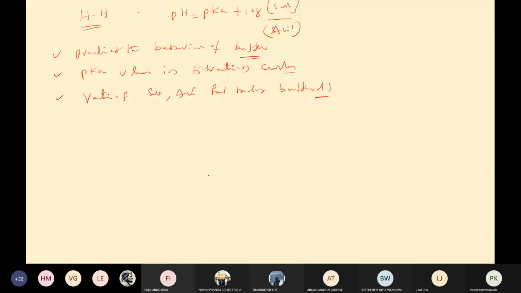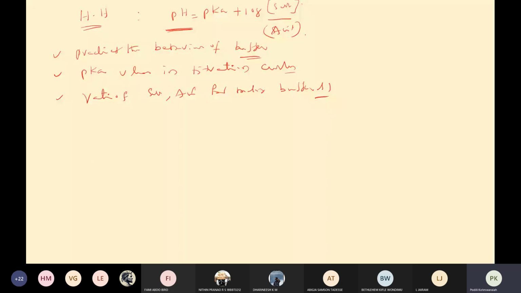That means we can understand the behavior of the buffer, we can determine the pK values of a weak acid in a titration curve, and we can also determine the ratio of the salt and the acid that is required for making a buffer of desired pH.